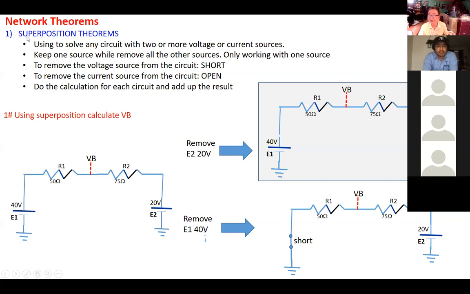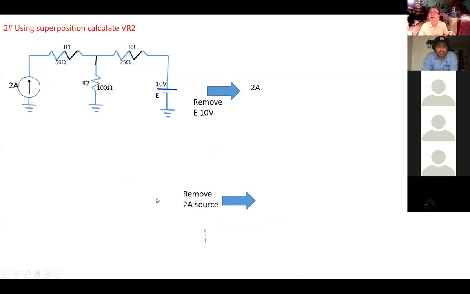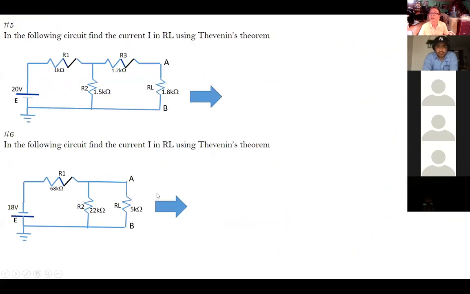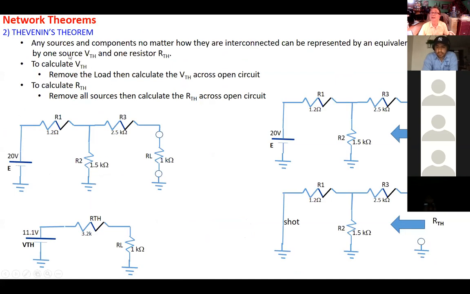That means using superposition to solve circuits with two or more sources. Also, we have another one called Thevenin's theorem, which means using Thevenin to solve the DC circuit.